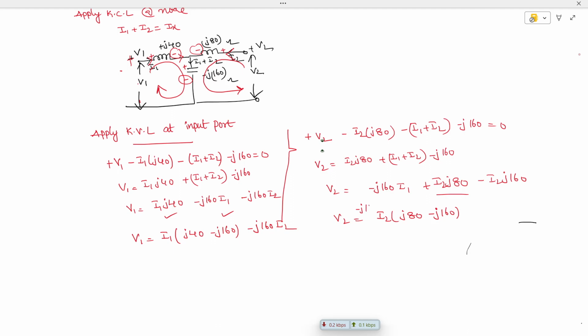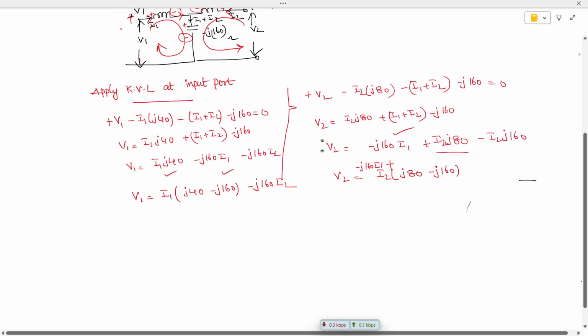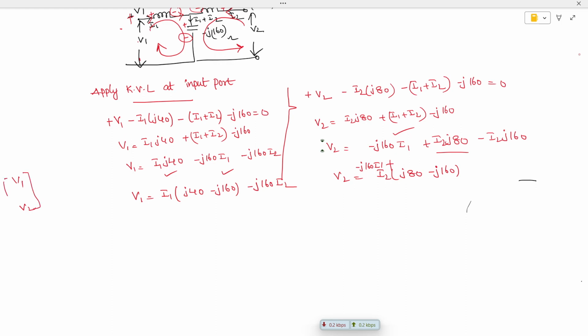So this time I'm writing it first. The standard format of writing the expressions, we have V1 V2 is equal to the matrix Z11 Z12 Z21 Z22 multiplied with I1 I2.